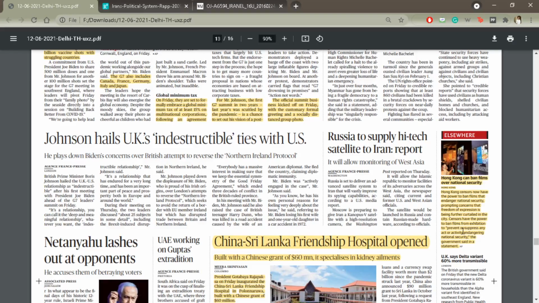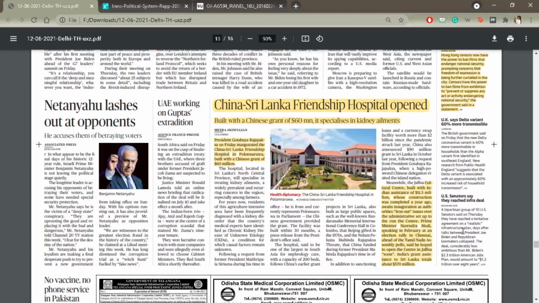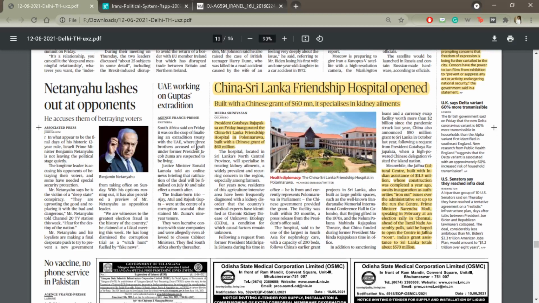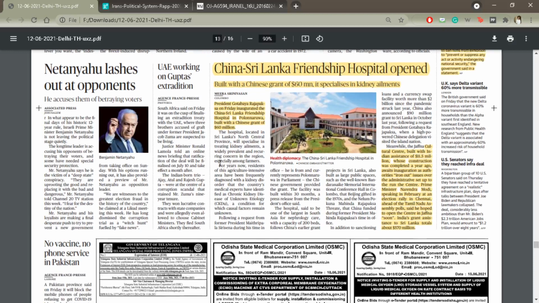Alright, then on the right hand side, China Sri Lanka Friendship Hospital. This is a hospital that the Chinese government has built in Sri Lanka. It is part of a Chinese grant of 660 million US dollars. It is going to focus on kidney ailments, which has been a chronic problem in the region where it is being built. India, since its independence, has provided Sri Lanka with assistance of 570 million. The current government of Sri Lanka, the Rajapaksas, is closer to the Chinese.